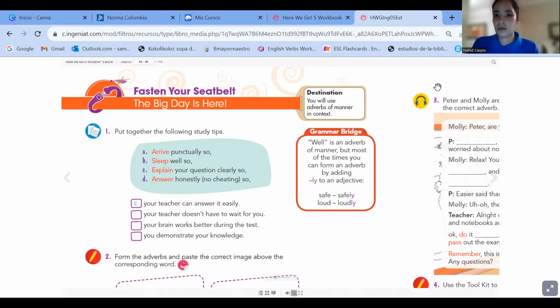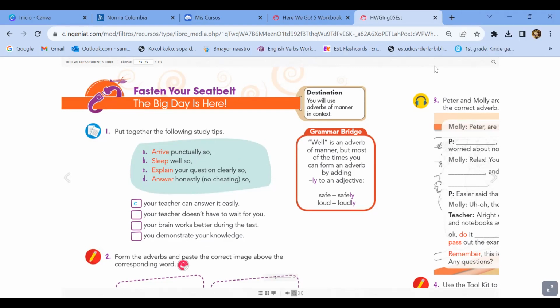Okay. Look here, we have a grammar bridge. We have a grammar bridge. Well, this word is an adverb of manner, but most of the time you can form an adverb by adding ly.